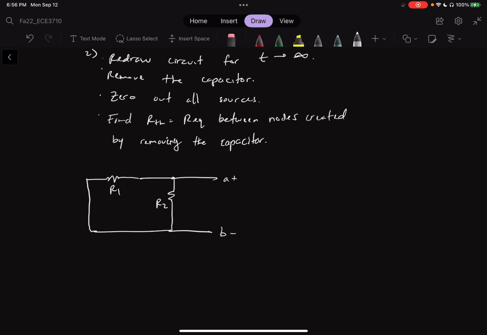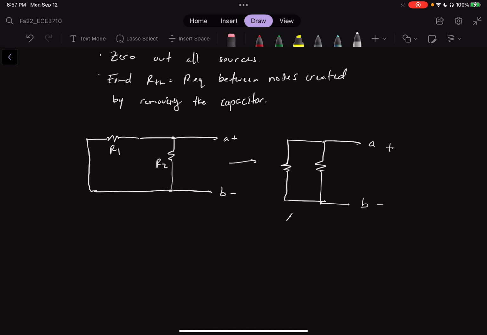And now I have to find R Thevenin. By simplification, you should see that R1 is parallel to R2, and this becomes just one resistor. This resistor is called R Thevenin, which is equal to R1 parallel R2, which is R1 times R2 divided by R1 plus R2.